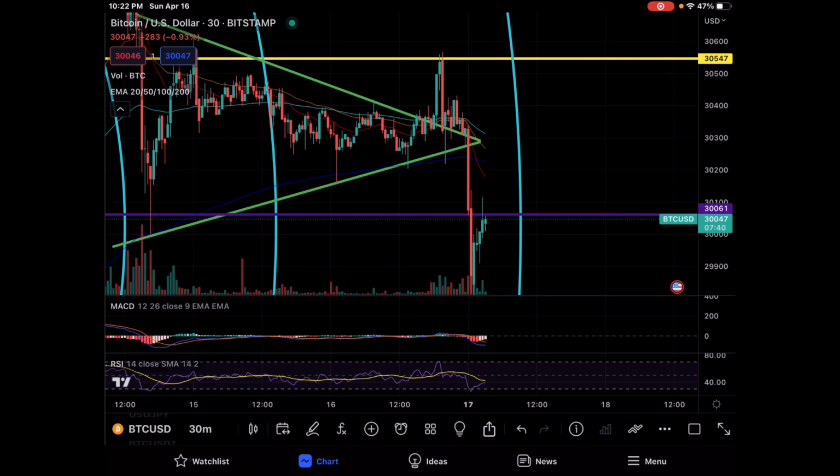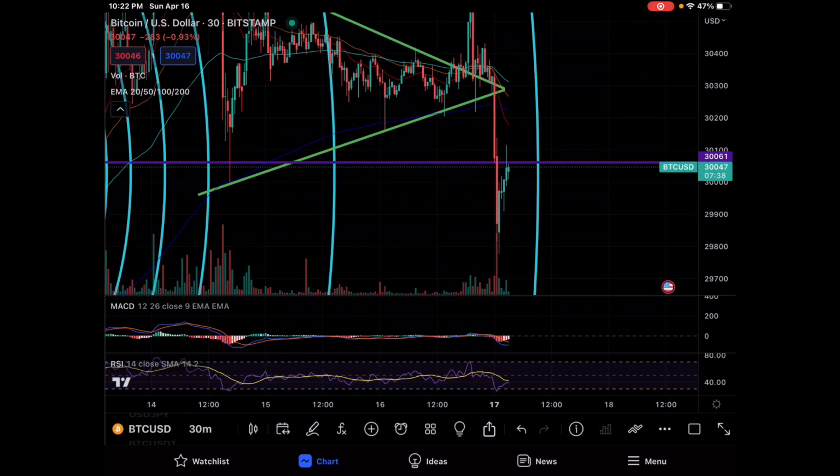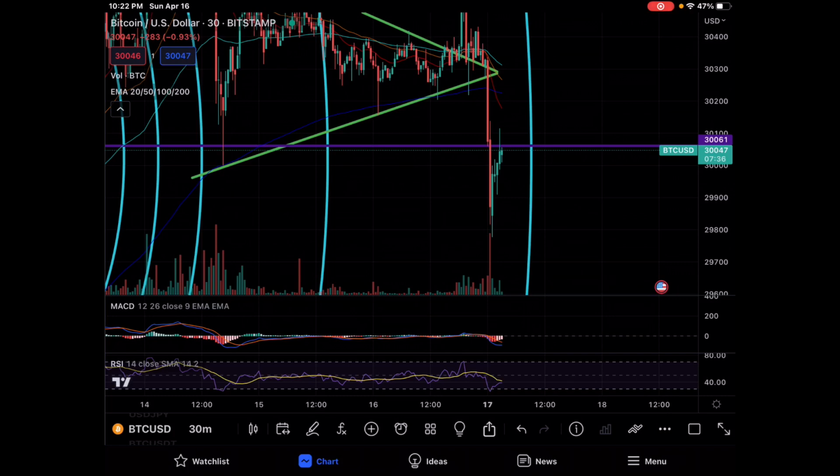We fell through. We're now sitting on a bear flag with a bearish divergence beginning on the 30-minute time frame. We do have some good incoming volume now, though. We're trying to get back on that 30.061.